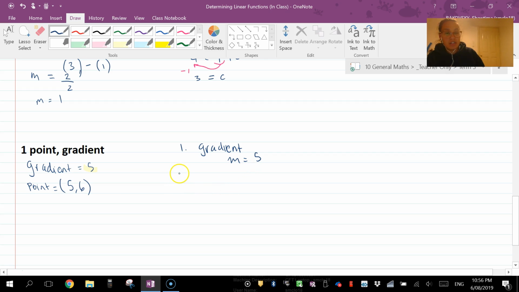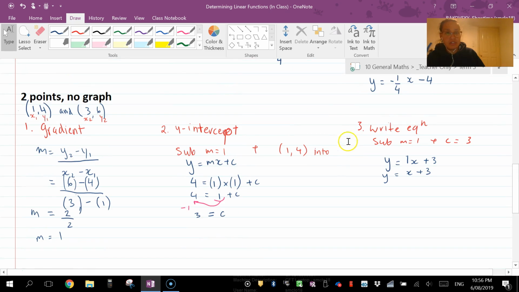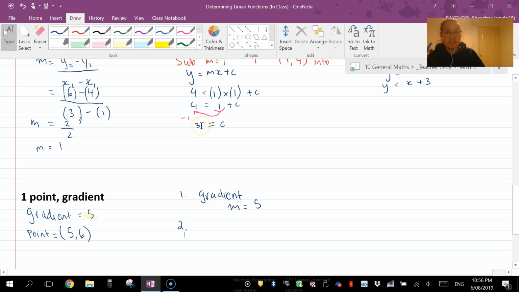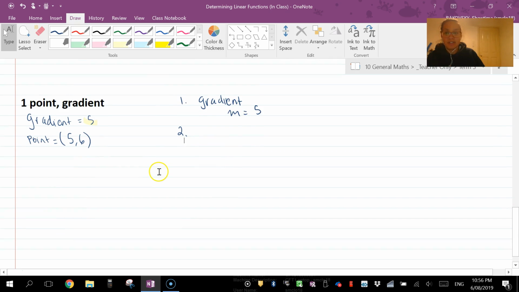The second thing you're going to do is essentially skip this step and go to the y-intercept and then the equation. So we need to work out the y-intercept. Sub m equals 5, and you don't have a choice now of points. You just have to use what you're given.